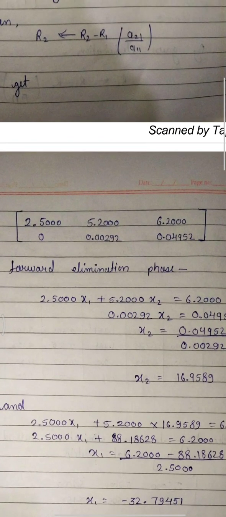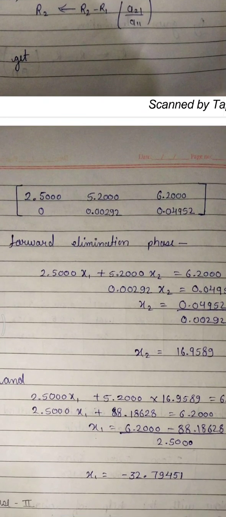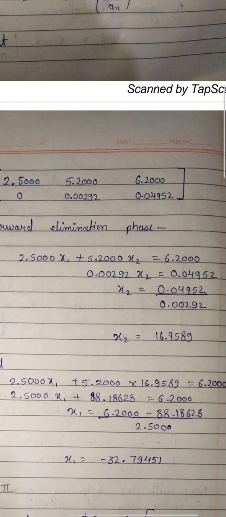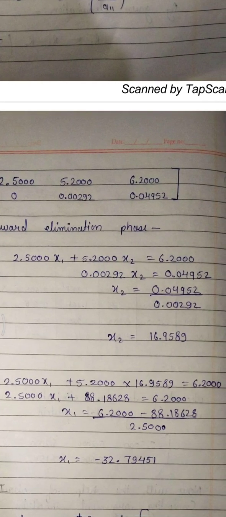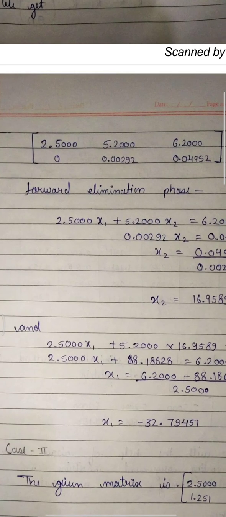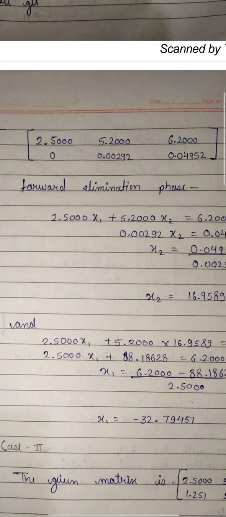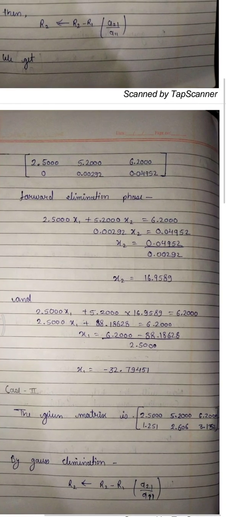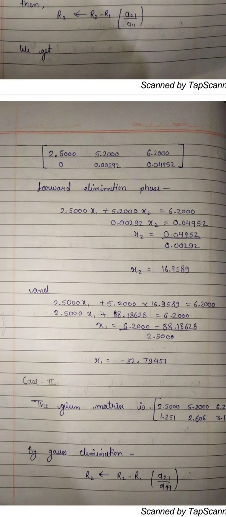Here 2.5000 x1 plus 5.2000 x2 is equal to 6.2000, and 0.00292 x2 is equal to 0.04952. So we'll get the value of x2, and that is exactly 16.9589. Similarly, we'll get the value of x1 here. We'll get the values, and we'll jump on to the next case.